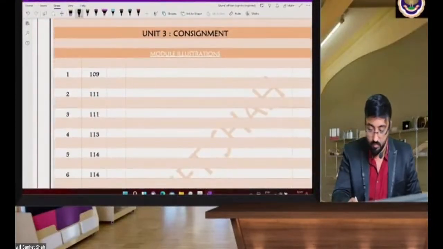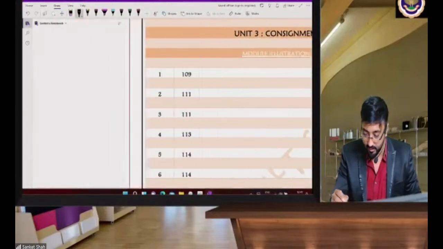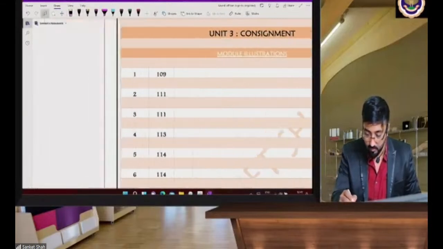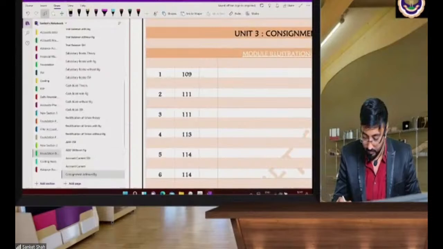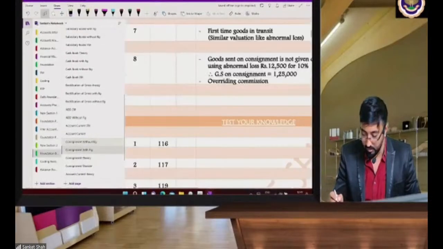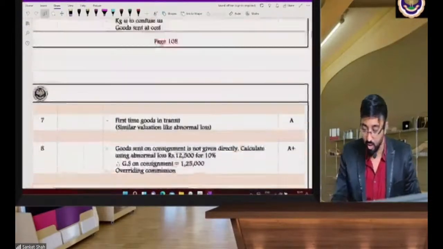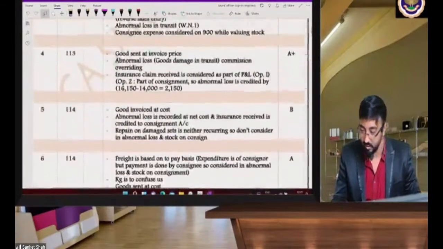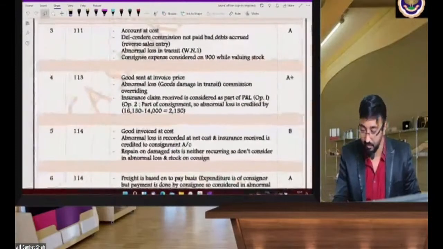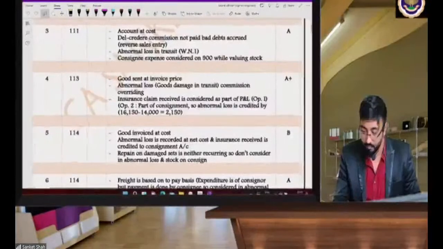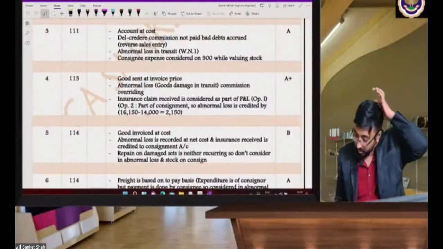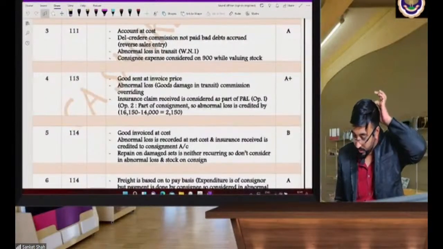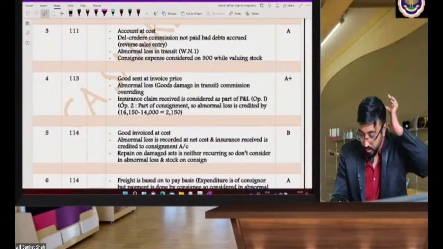You can take a screenshot of this index. What is important in this question? A plus category question. Goods sent at invoice price. Abnormal loss. Goods lost in transit. Insurance claim is not there now.